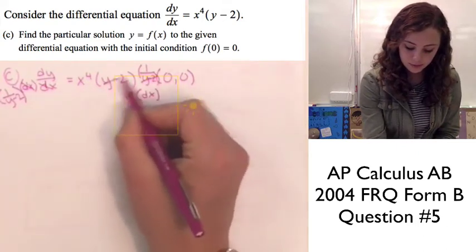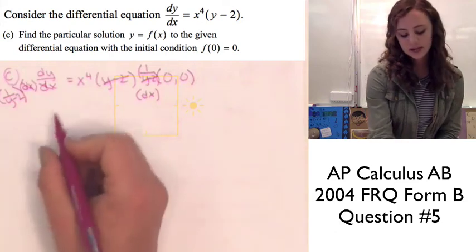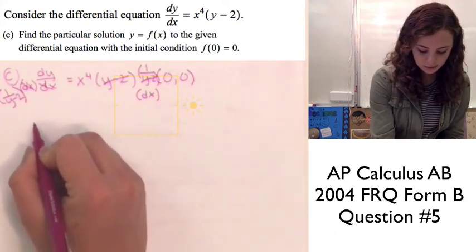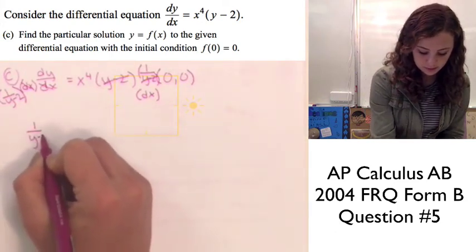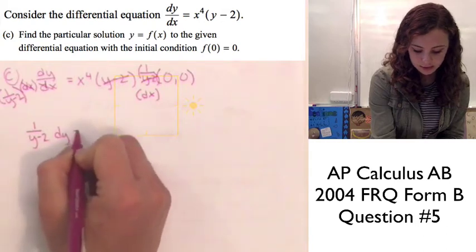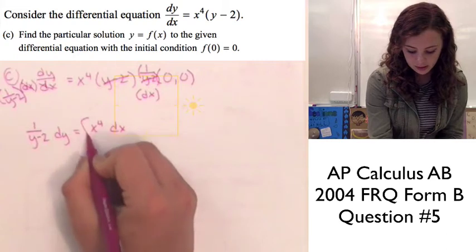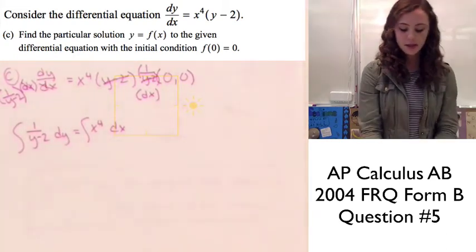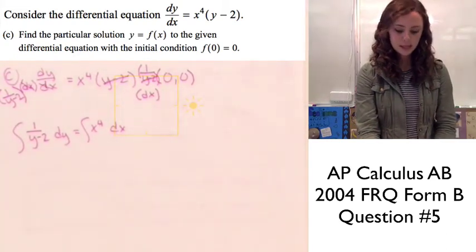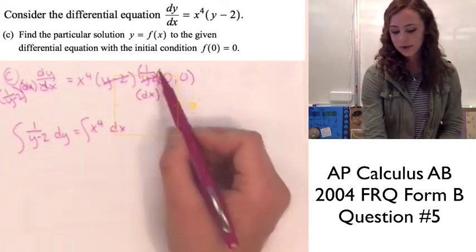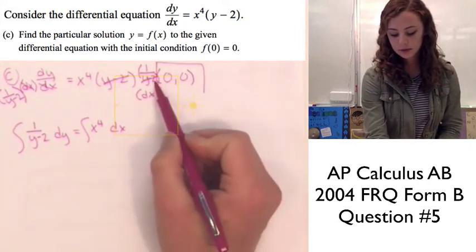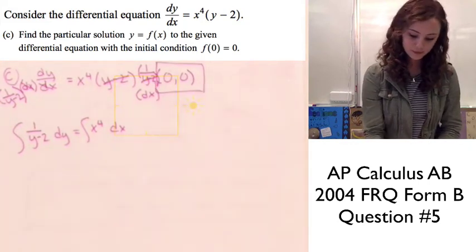And therefore these will cancel out. And to tidy this up, we end up with 1 over y minus 2 dy is equal to x to the fourth dx. So now let's go ahead and find the integral of both sides, and then we can plug in our particular solution point, which is right there.